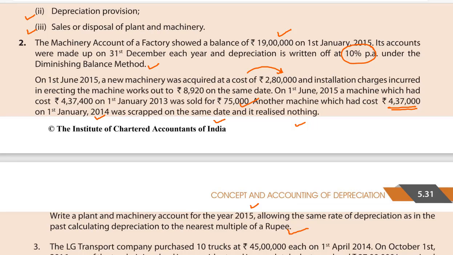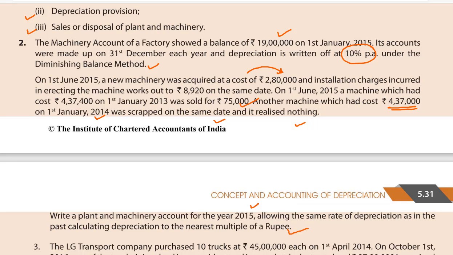Kindly refer the question once again. The machinery account of a factory showed a balance of 19 lakhs on 1st January 2015. Its accounts were made up on 31st December each year, and depreciation is written off at 10% per annum under diminishing balance method.